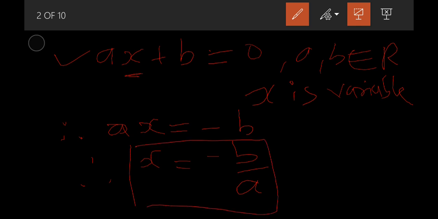So the root or the zero of this linear equation is given by minus b by a.